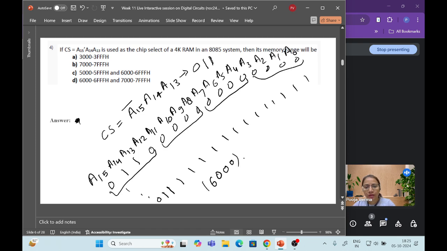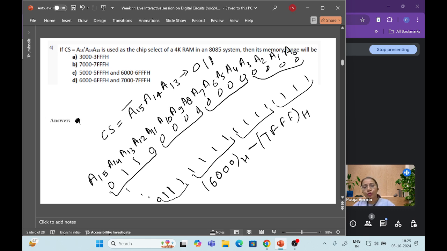Now the next range will be, if we go up, 7FFF, right? So the range will be 6000H to 7FFFH.